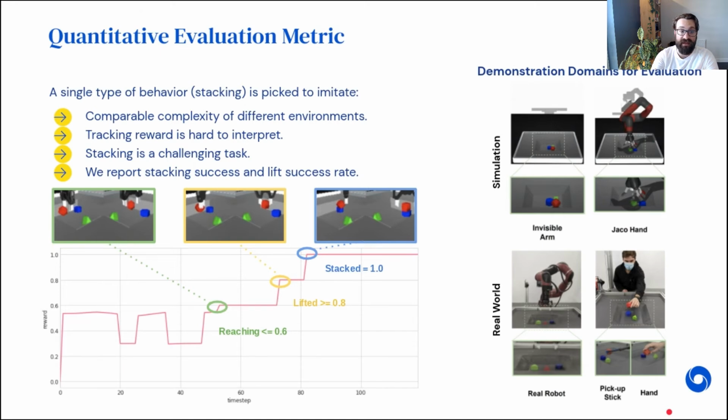We used 10 demonstrations per domain, and our evaluations included 100 trials per episode, as there is some stochasticity in our environment. So that totaled 5,000 evaluations for each of the methods that we compared in the paper, on which I will talk in the next slide.